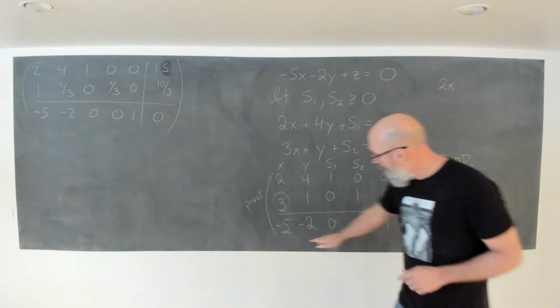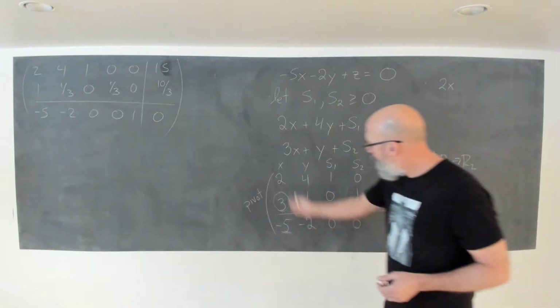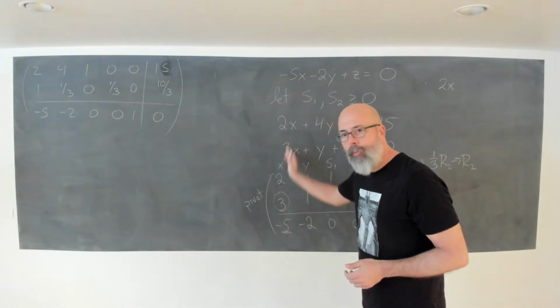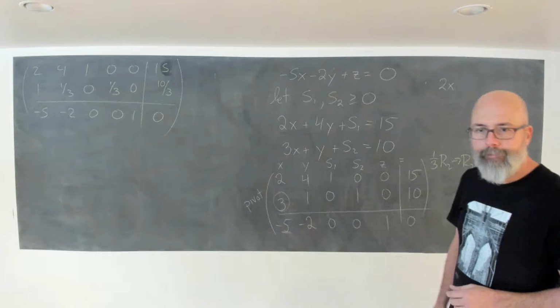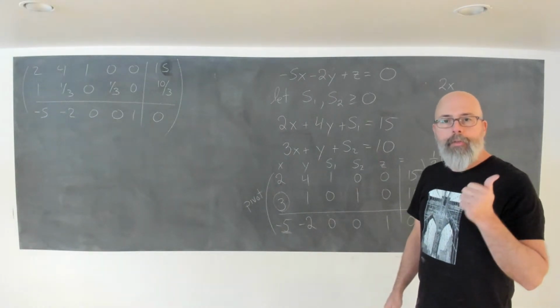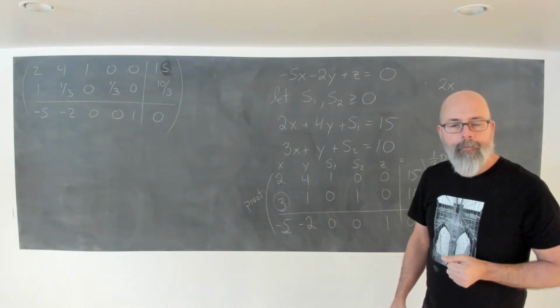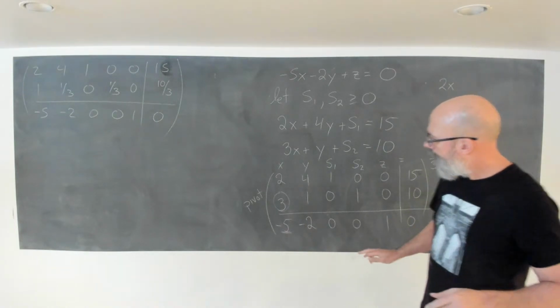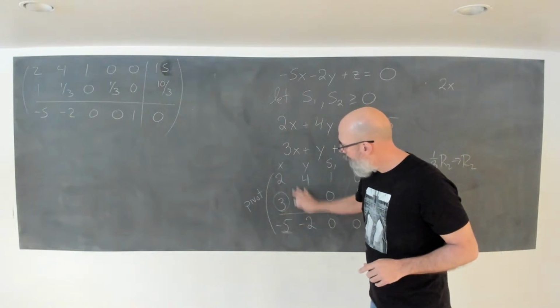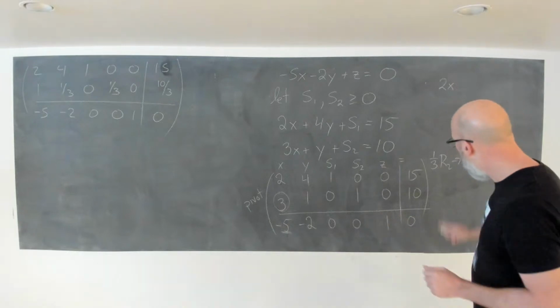So most negative number, -5 is the largest negative. The pivot lives in this column. Two things. The pivot cannot be negative and cannot be 0. So we stay away from negative numbers or 0. We don't have them here, so no issue.